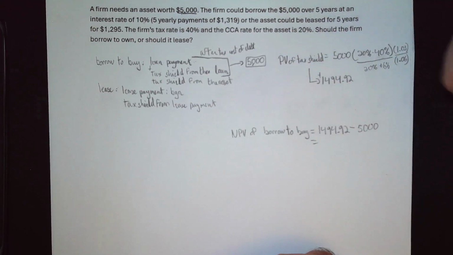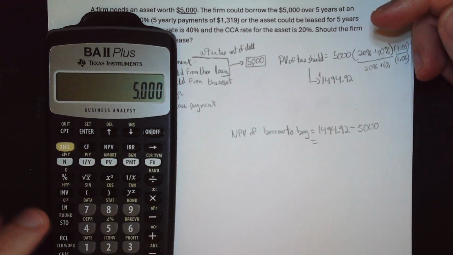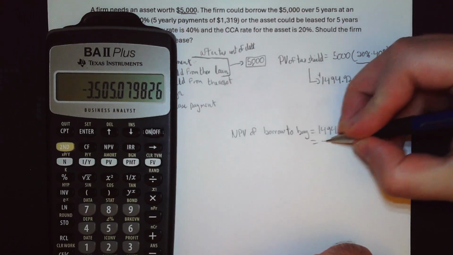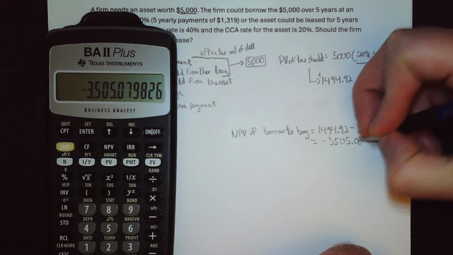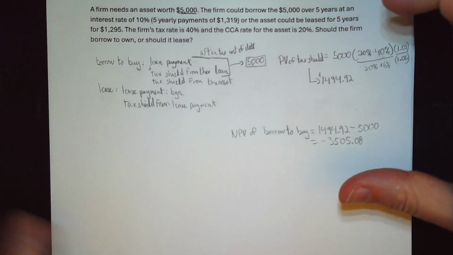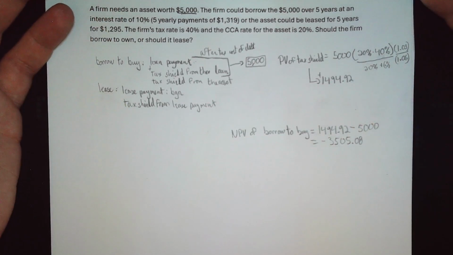And the NPV of the borrow to buy decision will then be this number minus 5,000. It will be minus 3,505.08. Okay, now again, this video will seem really long, really overwhelming, but it should actually be pretty straightforward.